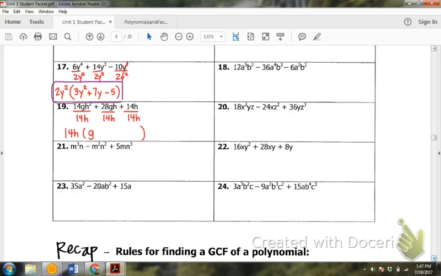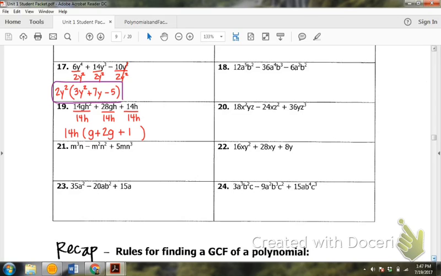The first term I only have a G left. 28 divided by 14 is 2G. And then what did we say 14H divided by 14H is? 1. One would be GH because it's square.